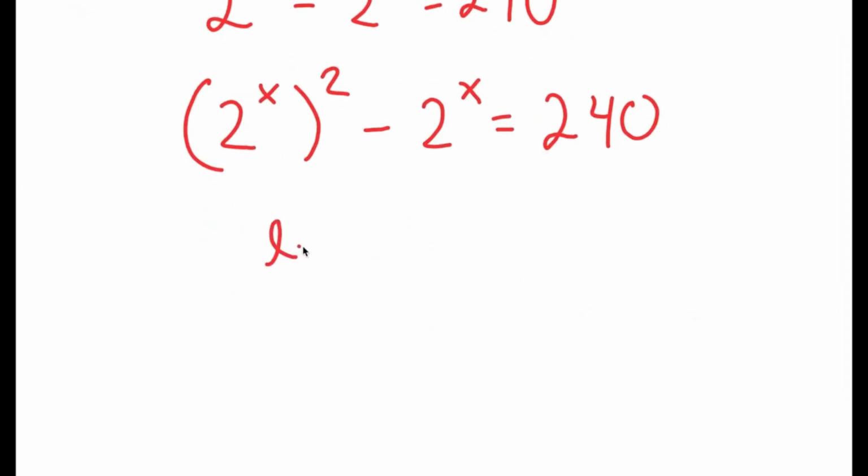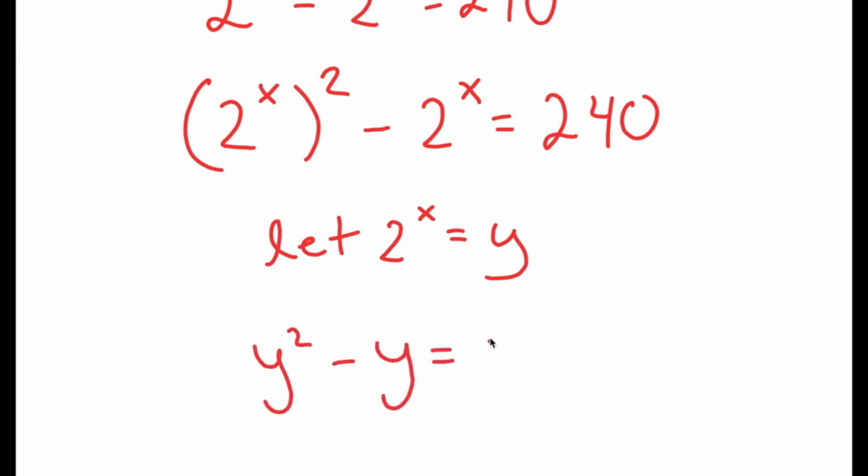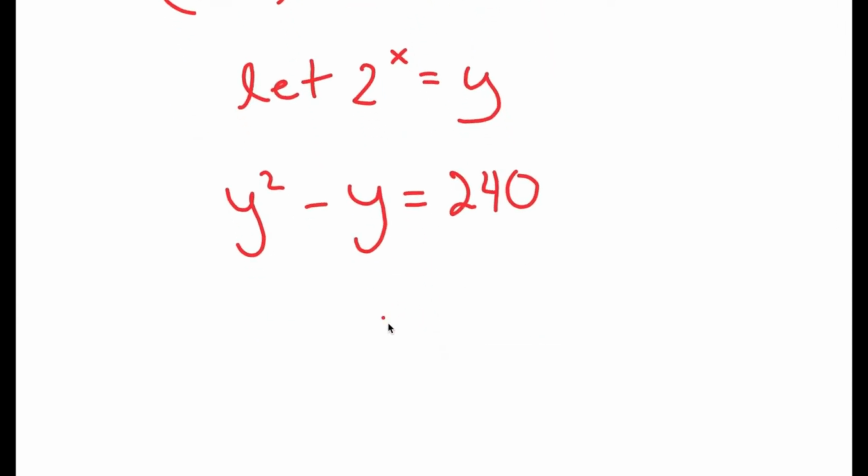Now from here, I'm going to let 2 to the power of x equal to the variable y. So if I substitute in y for 2 to the power of x, I get y squared minus y is equal to 240. And now I can subtract 240 on both sides.